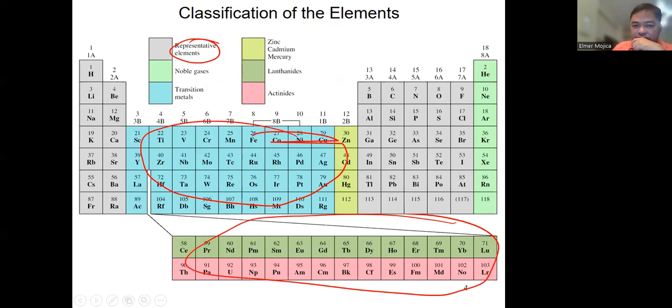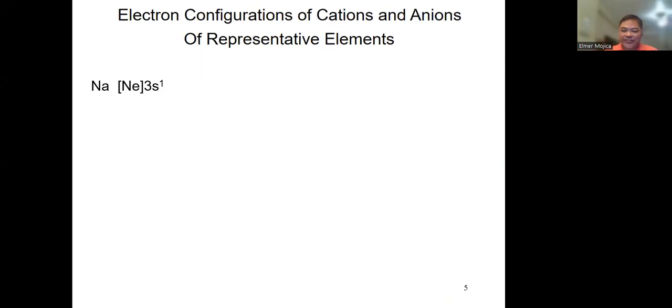So we talked about electron configuration in our last synchronous class. So we can also incorporate here what happens when your atom becomes ionized. Ionization, or the formation of cations and anions, is just the addition or removal of electrons.